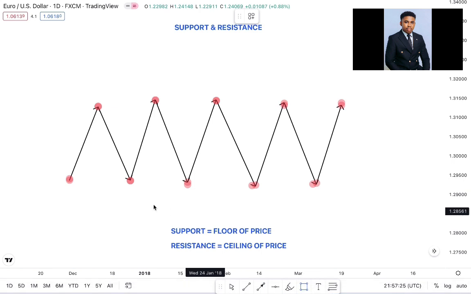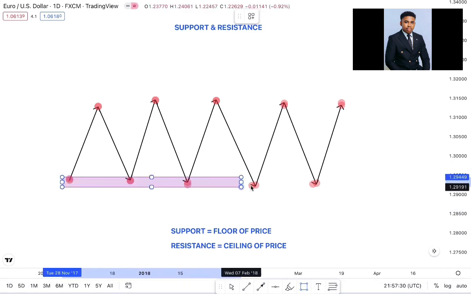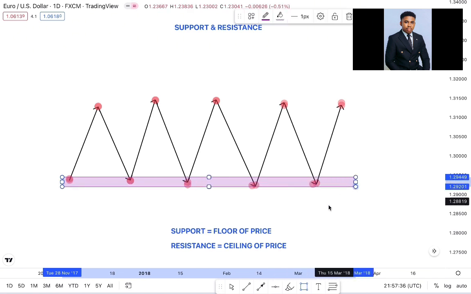So you get your rectangle tool and draw from one point and connect all those lows. You want to get that level in the market where price usually bounces from as a floor, because whenever price comes back to that level, it's going to bounce off again and use that point as a floor, and you can use that as a point of entry for your trade.